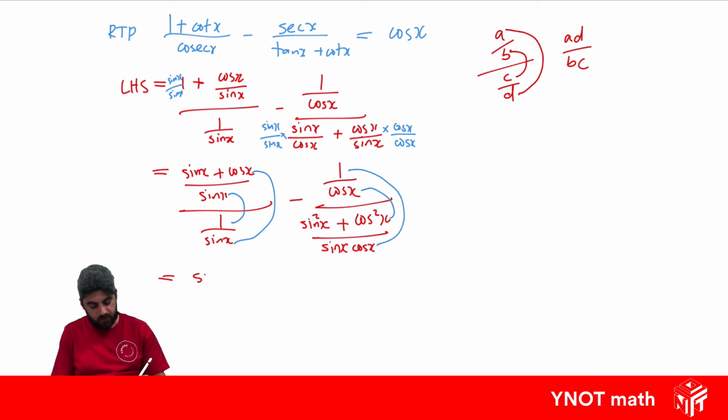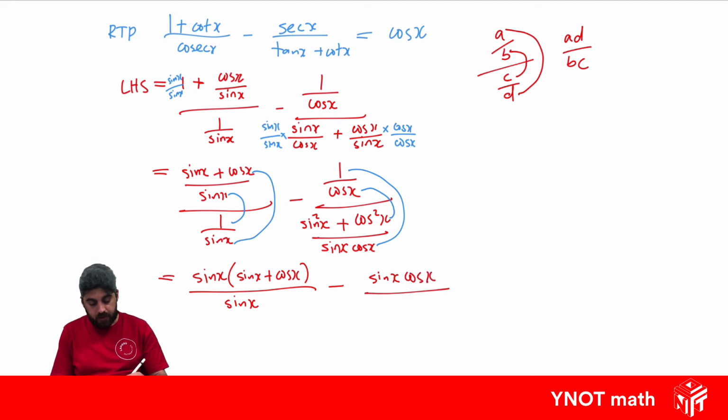So the outer ones multiplied is sin x multiplied by sin x plus cos x, over the inner two multiplied together, or 1 times sin x, which is just sin x, minus the outer two multiplied together, which gives us sin x times cos x, over sin squared x plus cos squared x. Well, we know the identity that actually equals 1. So it's just 1 times cos x, which gives us cos x.